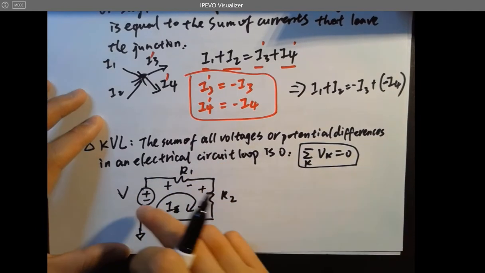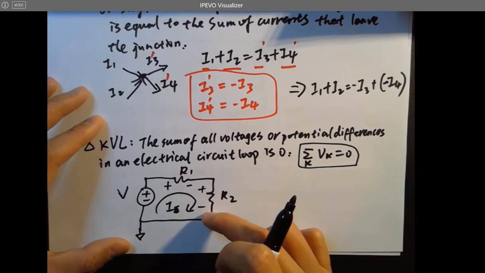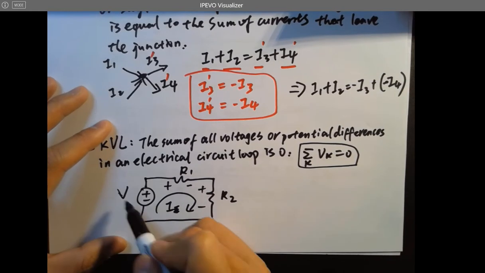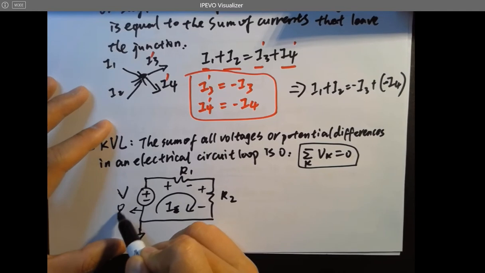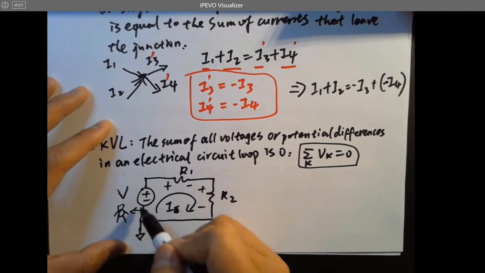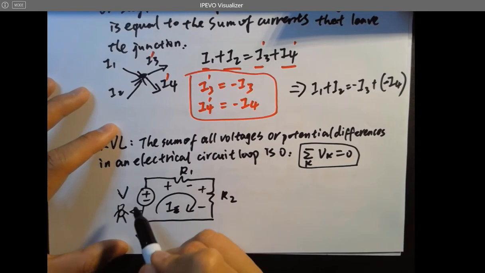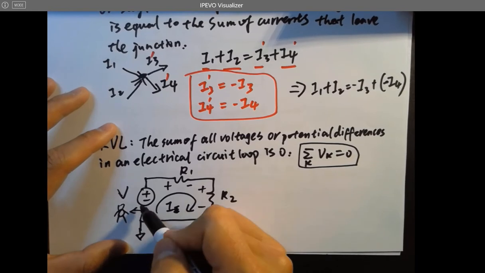So which means if you add all these voltage drops across the entire circuit or the loop, the result should be 0. Because the voltage here is V, and if we start from here, just imagine there's a person walking through the circuit, and you use the first sign you can see before you start across this component.